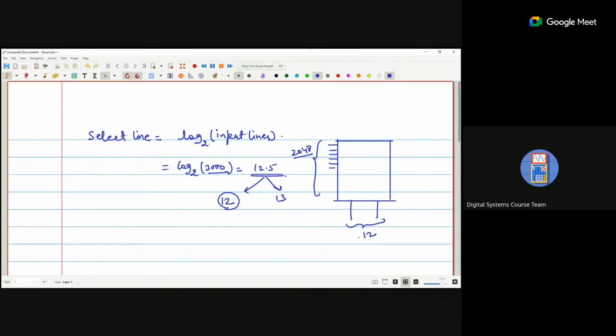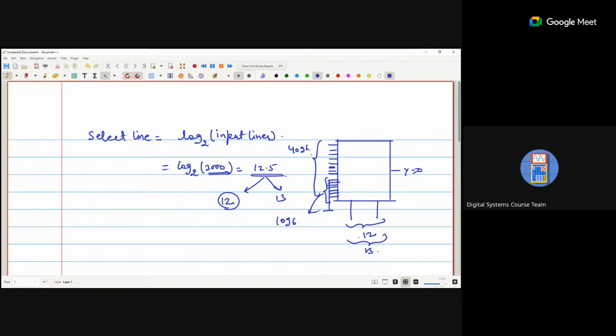Now if we go with 13 lines, how many inputs will be possible? 4096. Now we have 3000 inputs, so 3000 inputs are connected and the remaining 1096 inputs I just connect to ground, meaning no input is connected. If I select one of those lines, the output Y is equal to 0.